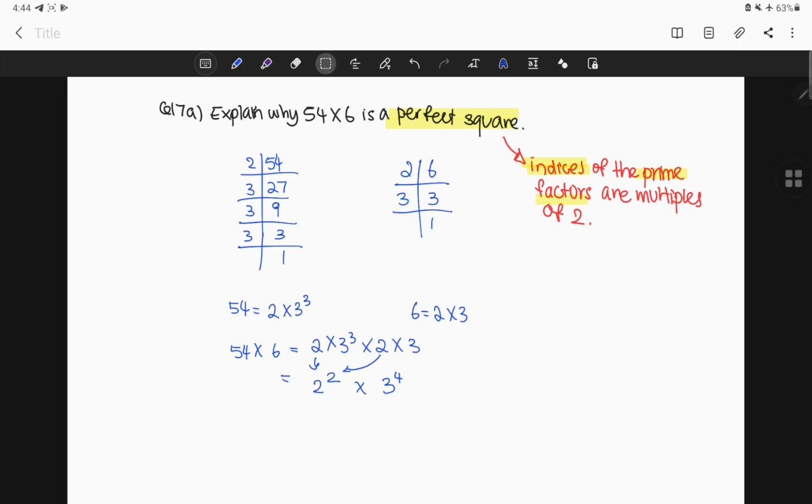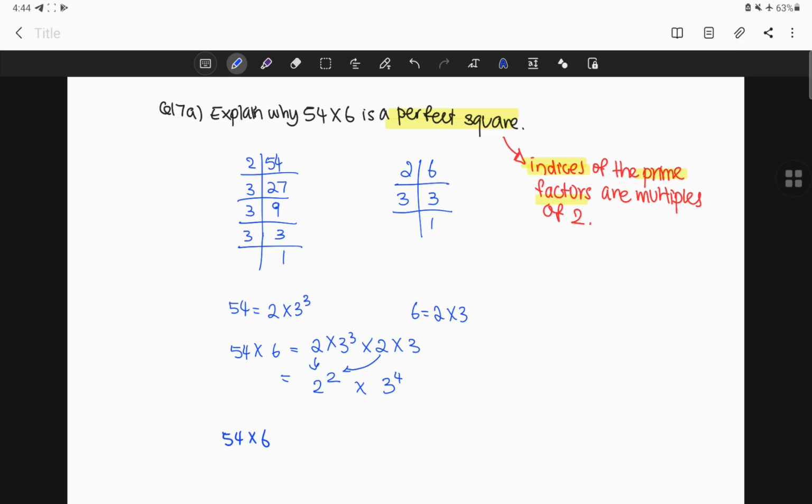So basically, you need a concluding statement. 54 multiplied by 6 is equal to 2 to the power of 2 multiplied by 3 to the power of 4.